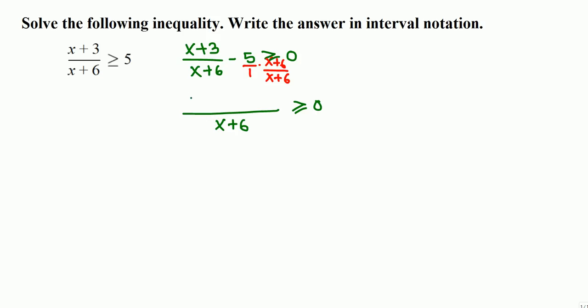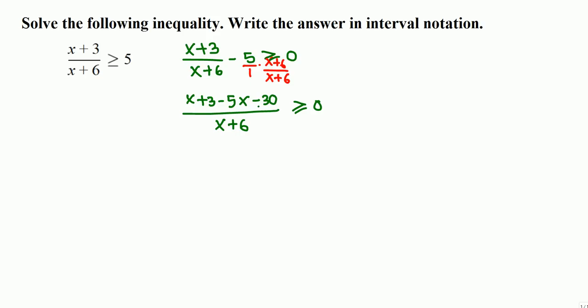On the top, this is x plus 3 minus, we need to distribute the negative 5 to x plus 6: minus 5x, minus 5 times 6, which is minus 30. Basically, I subtracted the second fraction from the first, and whenever fractions are involved, we need to make a common denominator.